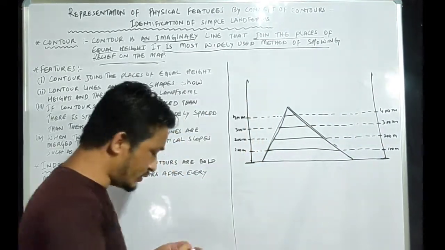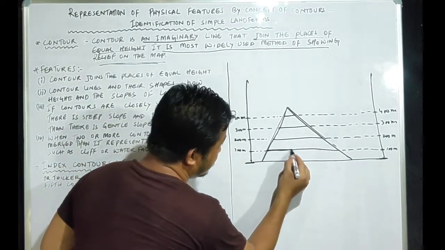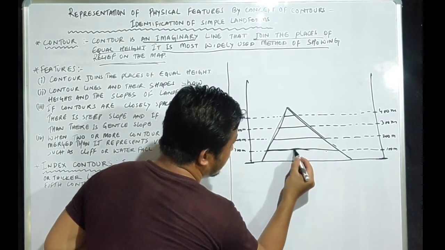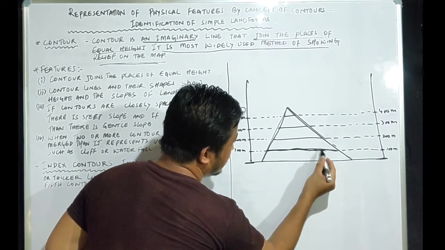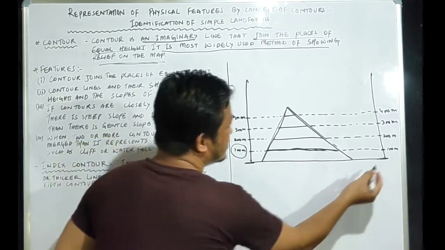Students, here you can see all the places on this line are on the same height. And what is their height? It is 100 meter above the sea level.